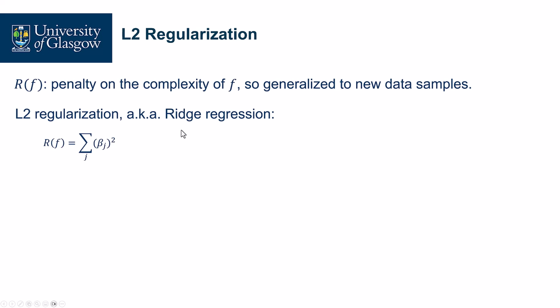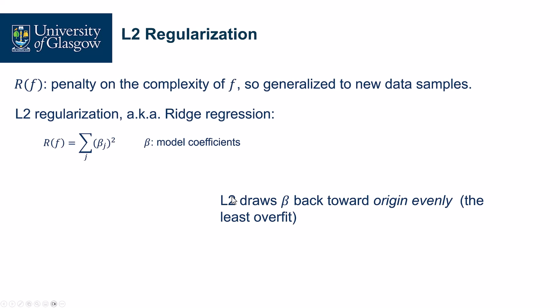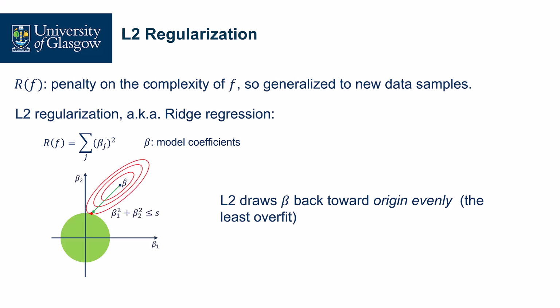In this way, we hope to draw beta back toward the origin evenly for each of the coefficients. Consider beta is the optimized one; by using L2 regularization, it may come to this point. So this is another way to reduce the model parameter coefficients so as to make the model simpler.